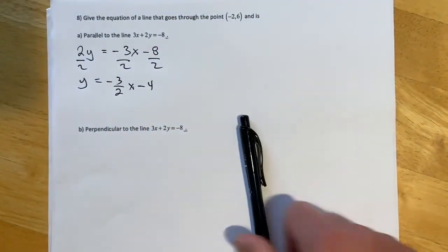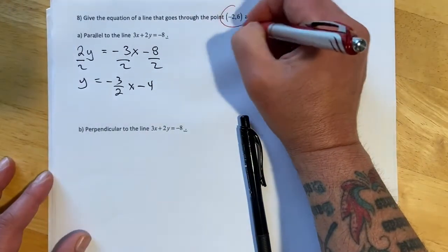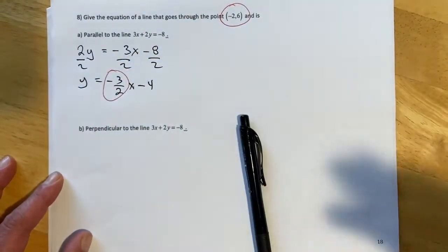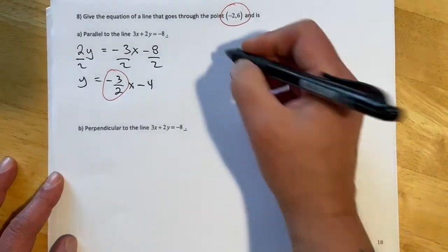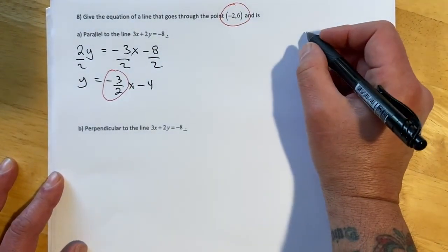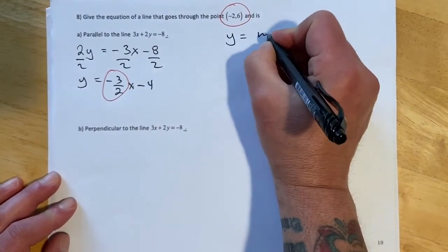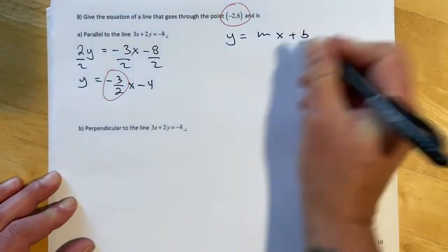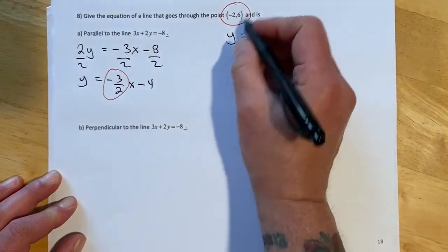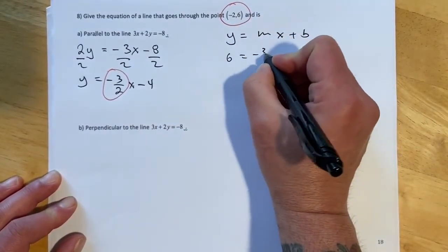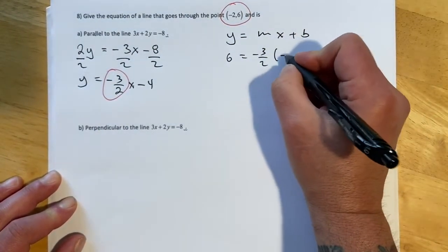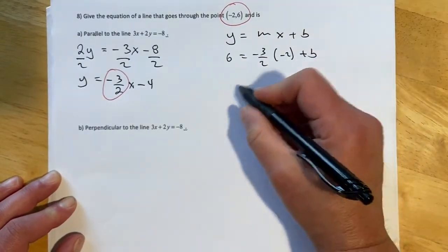Now I'm just trying to find the equation of the line that goes through this point with this slope, just like the problems we were doing earlier. You can do this as point slope or slope intercept, either one. I'm just going to do slope intercept, but they're both totally fine. So here we'll put in 6 equals -3/2 times x, which is -2, plus b.